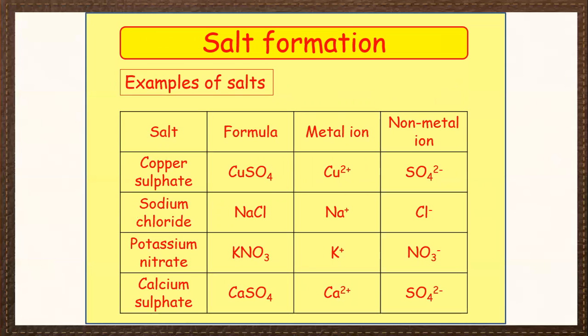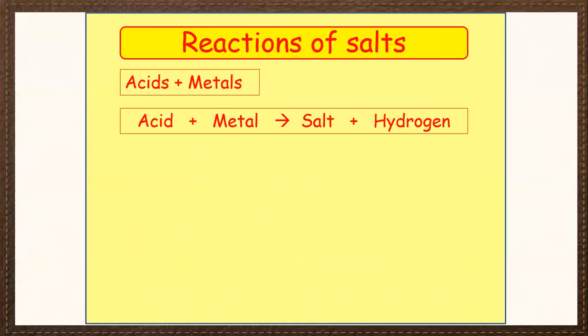Sodium chloride, NaCl, metal ion is Na+ and non-metal ion is Cl-. Potassium nitrate, KNO3, in this metal ion is K+ and non-metal ion is NO3-. Calcium sulfate, formula CaSO4, metal ion is Ca2+, non-metal ion is SO4 2- sulfate.